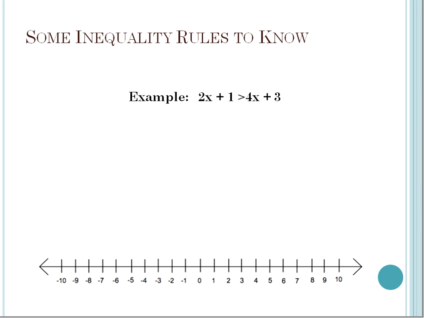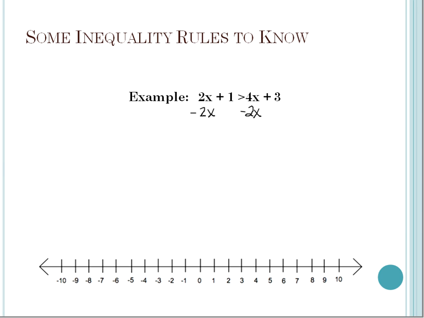Excellent. So someone told me I should, again, think about that same strategy, combine like terms. So I'm going to subtract 2x from both sides. And again, I'm just adding and subtracting any value from both sides, so I don't have to worry about that rule of having to switch directions of the inequality that we'll look at.